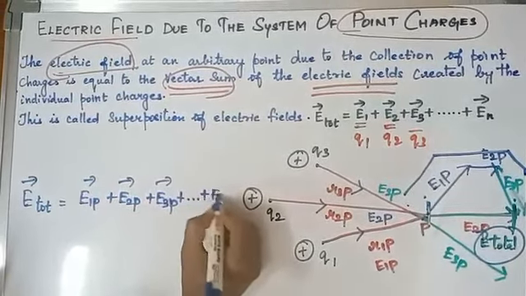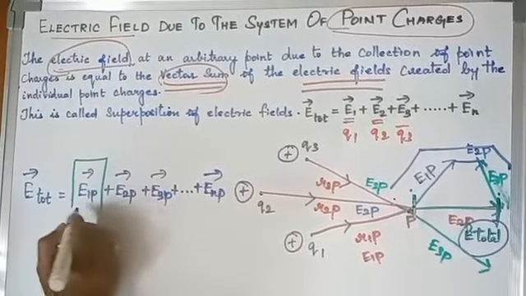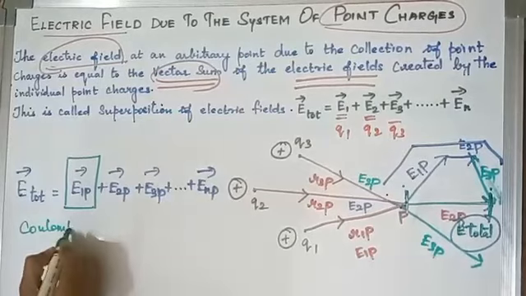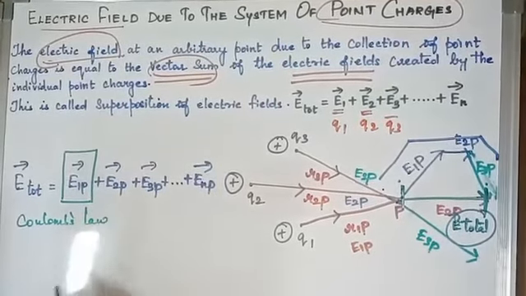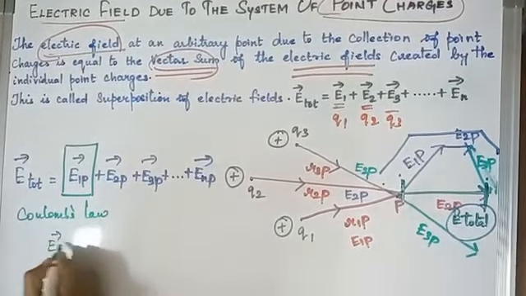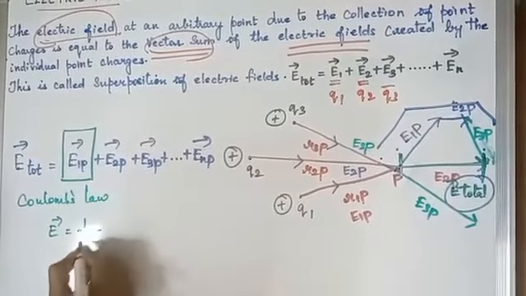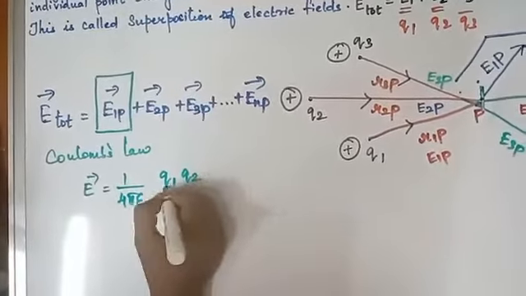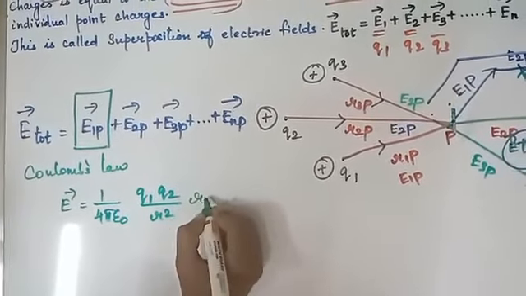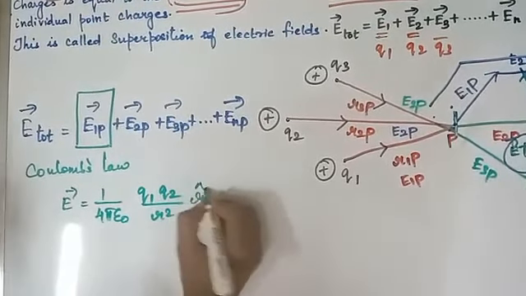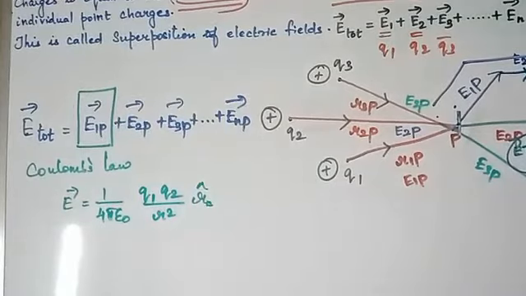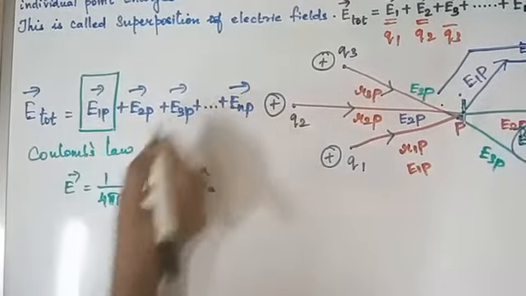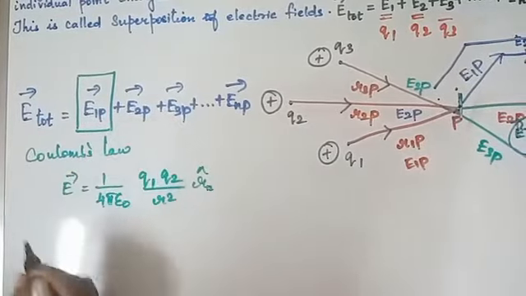Now we are going to substitute the value of E. What is the value of E? That is from Coulomb's law, so we apply Coulomb's law here: E vector equals 1 by 4 pi epsilon naught, Q1 Q2 upon R square, R12 unit vector. I am going to apply this Coulomb's law to each and every term.